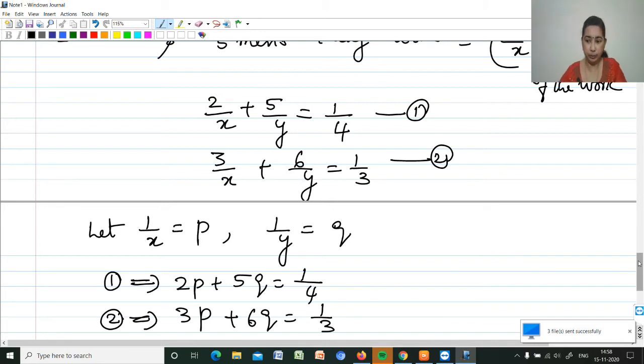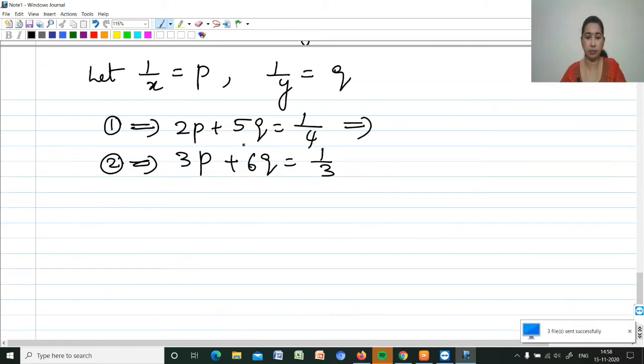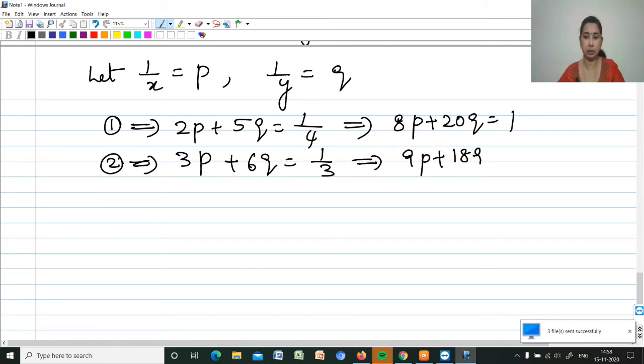So we are getting two equations. Here we can multiply throughout by 4, because the denominator 4 is there. Multiplying throughout, we get 8p plus 20q is equal to 1, and in this equation, the 3 can be multiplied to the other side, so that it becomes 9p plus 18q is equal to 1. Now in order to solve this, the coefficient of any one variable should be the same.